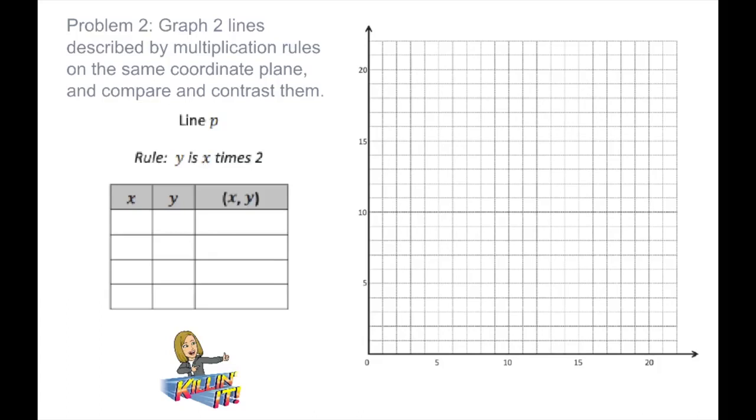So let's do a little practice. If x is 2, what would be y? Good. It would be 4. How did you get that? Very nice. You multiplied your x by 2 because the rule says that y is x times 2.